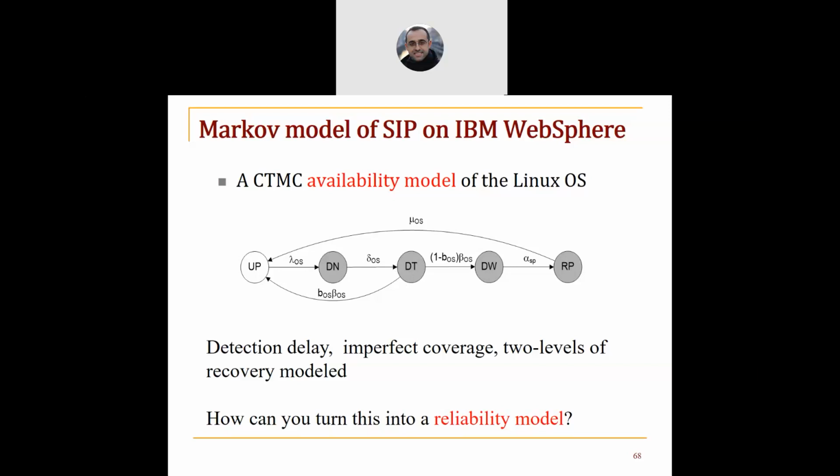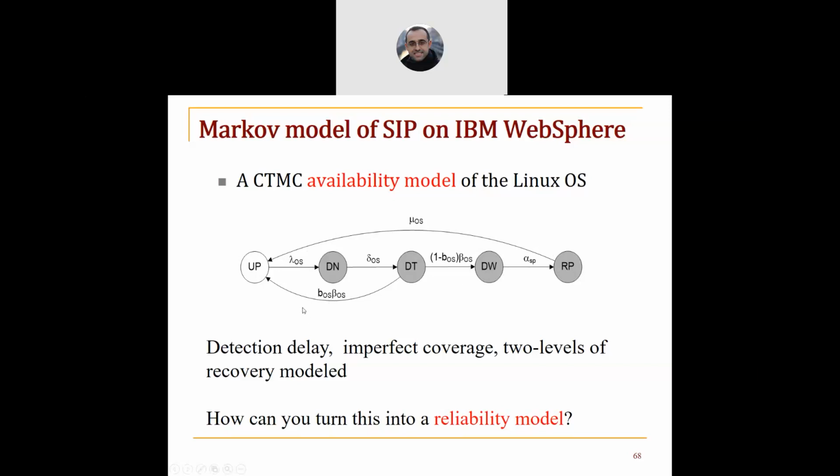So what you normally try to do is reboot the operating system. So beta OS is the rate at which reboot occurs. But a reboot may or may not be successful. Let's assume that the reboot is successful with probability B_OS. And with probability 1 minus B_OS, the reboot is not successful, in which case we will need to call somebody from OIT, Office of Information Technology, and that's the travel time or notification time or whatever, and they will then patch the operating system perhaps.